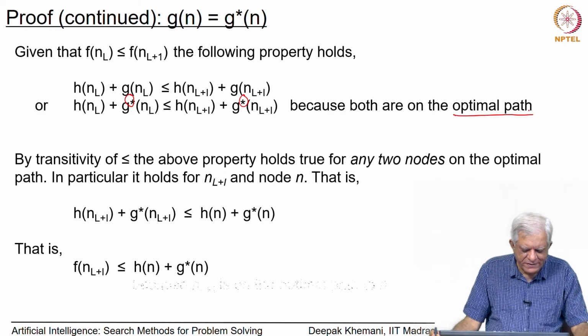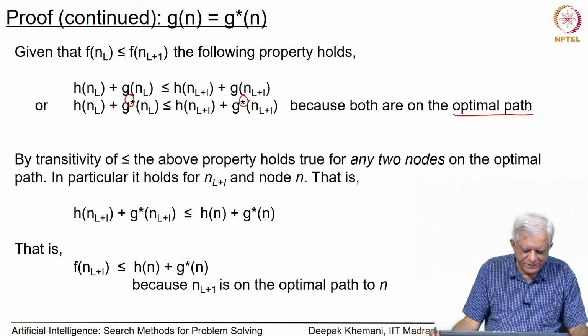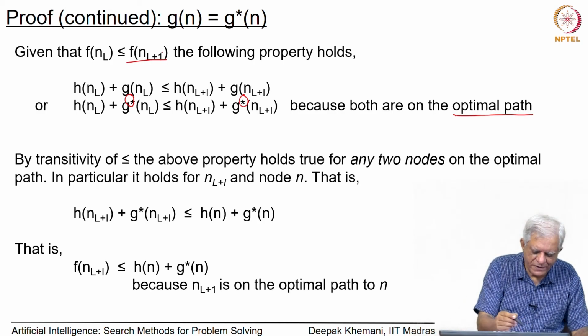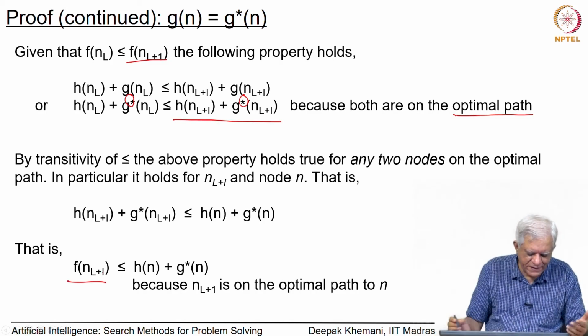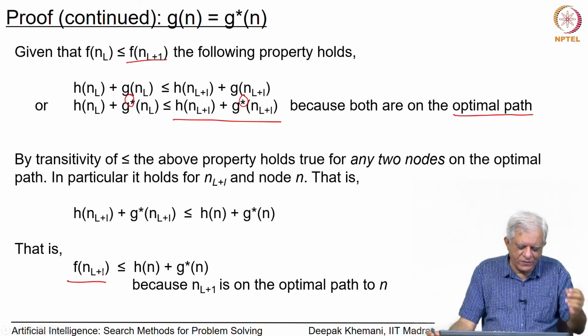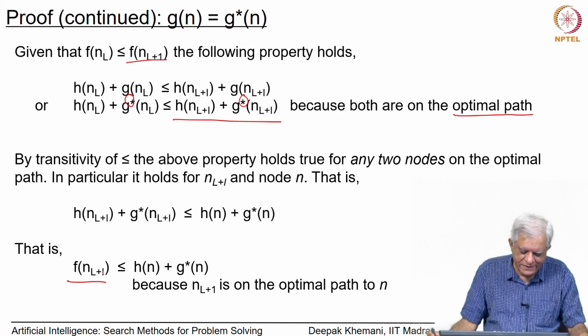And remember that we started with this value f of n plus 1, we expanded it into this, and now we are just again repeating that is the f value for the node which A star is not picking essentially.